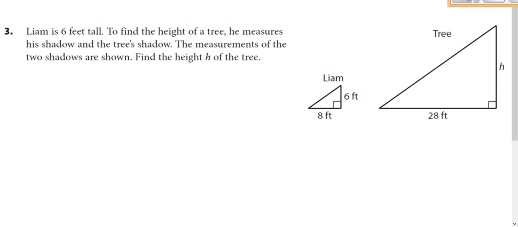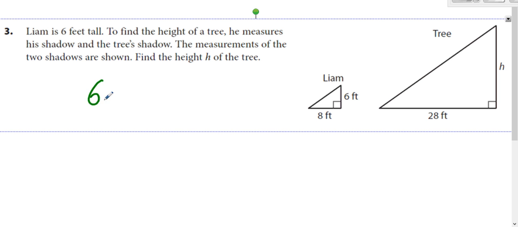Pretty much the same problem going here. Somebody stands, they're 6 feet tall, they have an 8-foot shadow. And then the tree, we don't know the height, but it has a 28-foot shadow. So you set up your proportion, 6 over h equals 8 over 28, shadow over shadow.